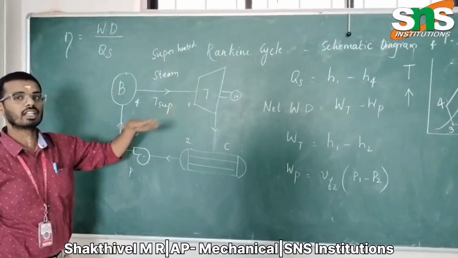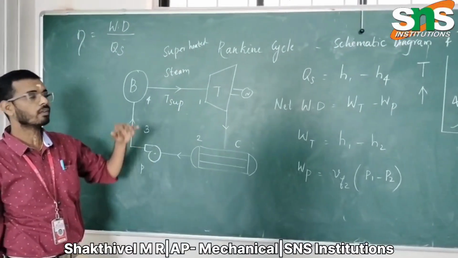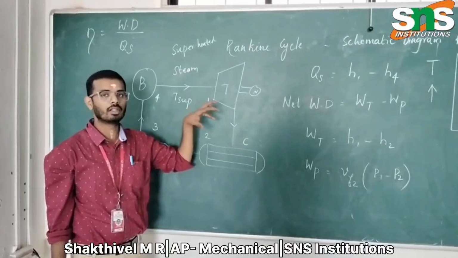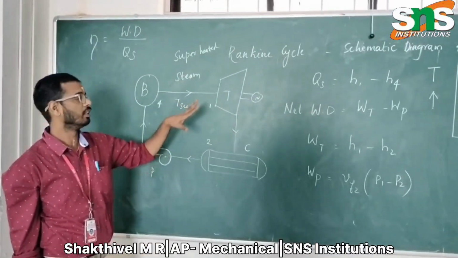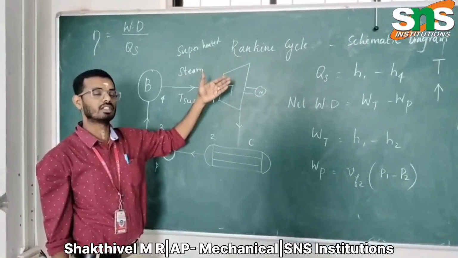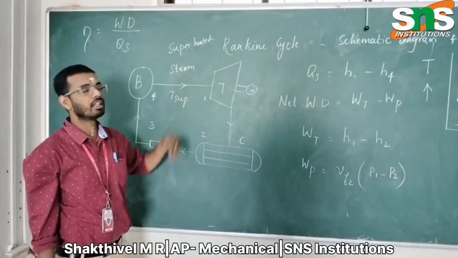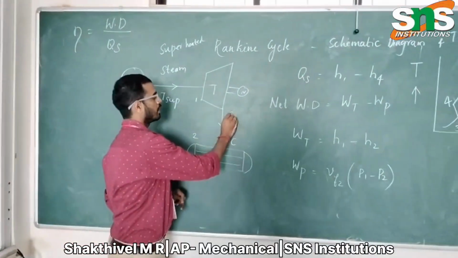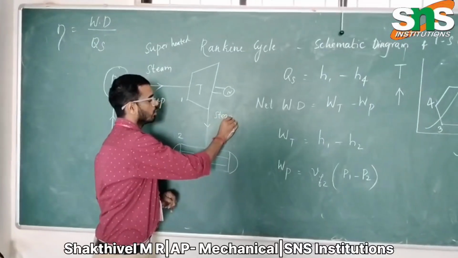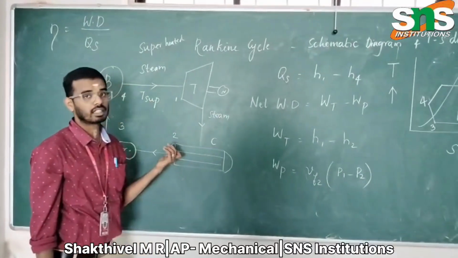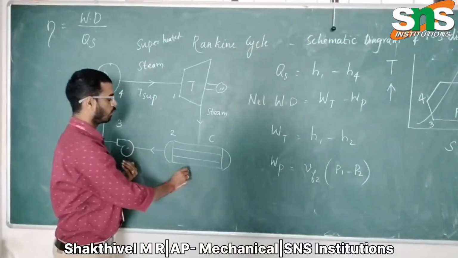There are three turbines: high pressure turbine, intermediate turbine and low pressure turbine. These three turbines produce electricity through the steam, and the steam comes out and enters the condenser, where it is condensed and converted into water.